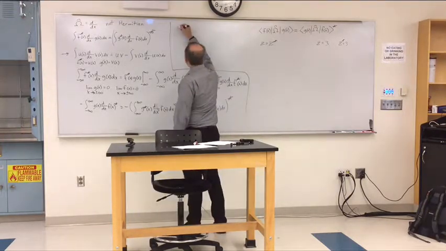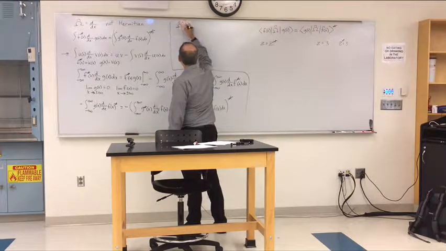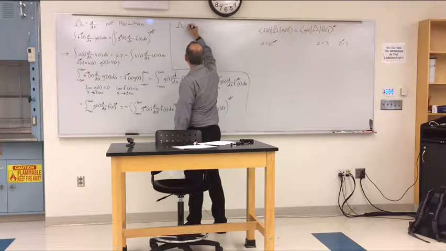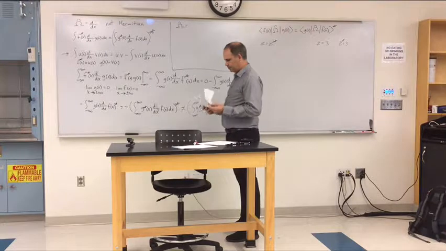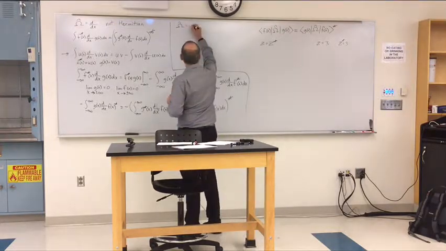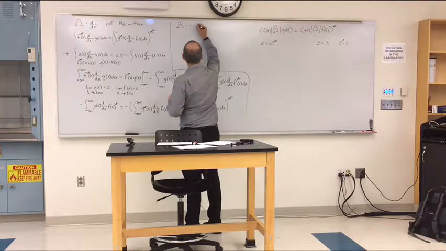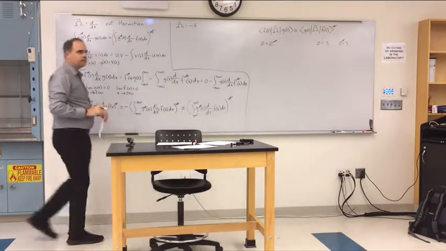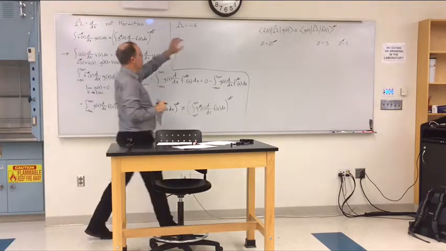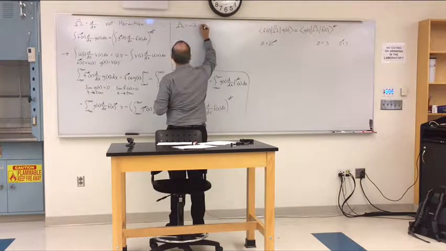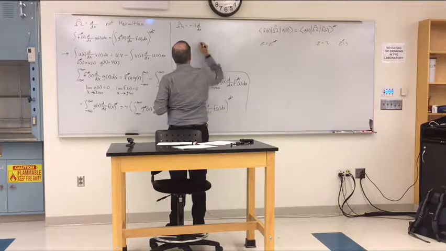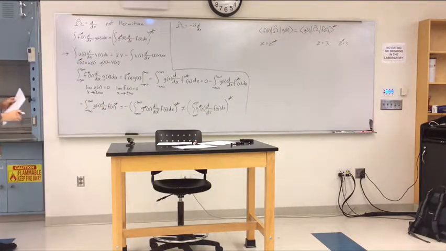So let's do the same thing, except we're going to modify it so it's equal to negative i h bar d/dx. So we're taking what we had before and multiplying it by negative i h bar. The only thing we're going to do is multiply it by a constant and see, does magic happen?